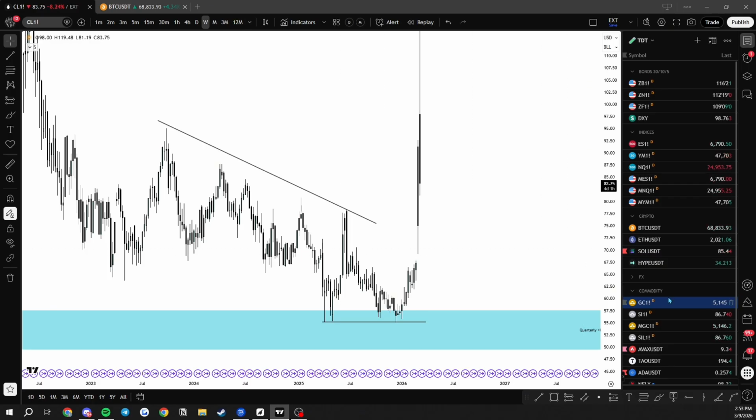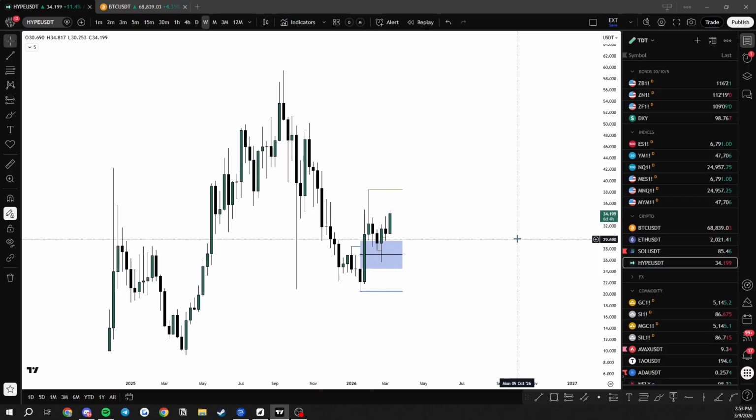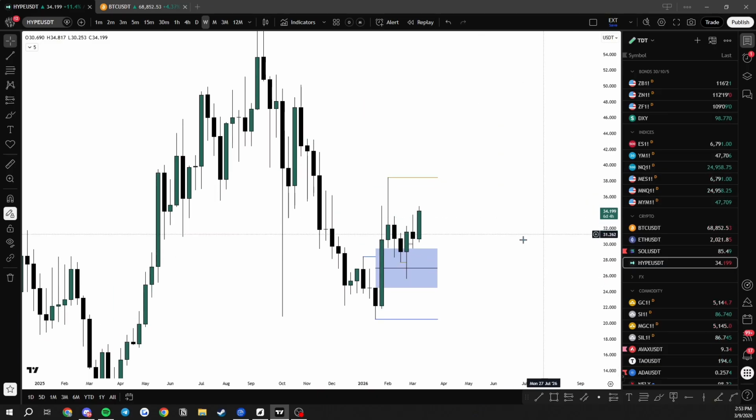Or even for those that paid attention to gold when I called it out back here, it also had a really nice move up. No questions on that? Very nice. All right, cool.